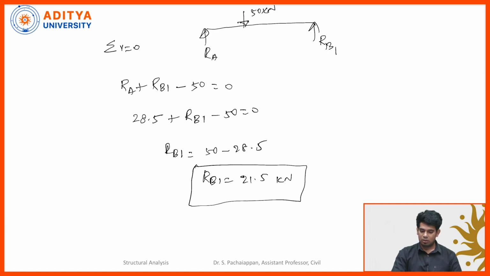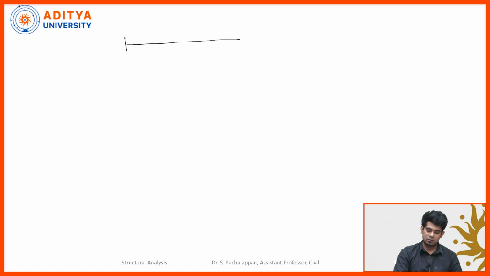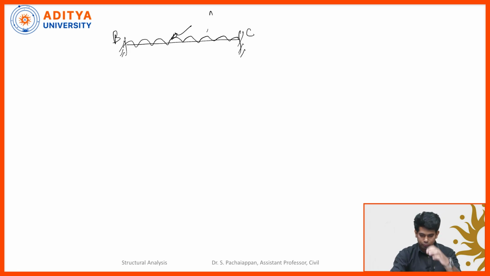Now, we calculated the value of RA and then RB1. Now I am going to consider the span B and then C. In the span BC, UDL is there, whose intensity is W per meter. The given load is 24 kilonewton per meter.